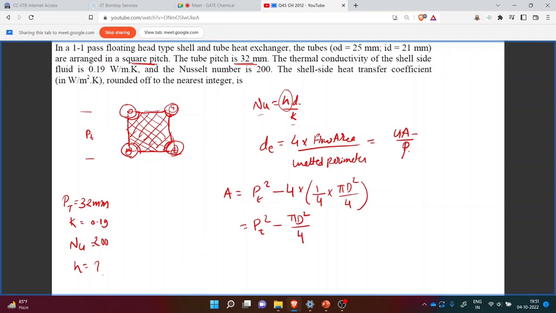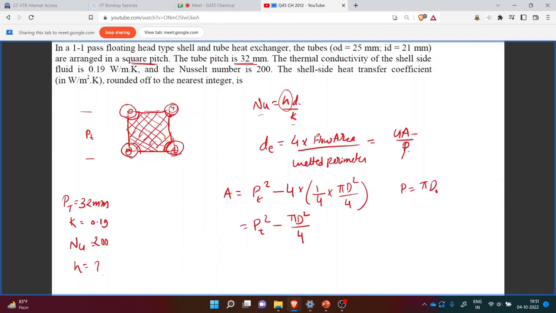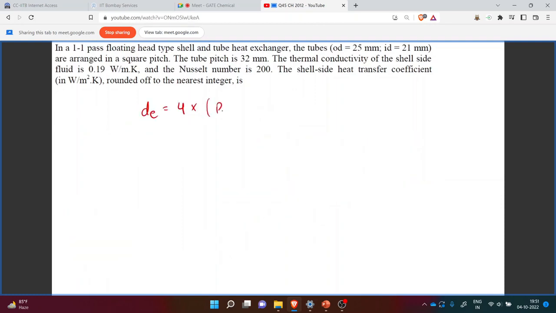Now the perimeter, we know that the perimeter will be 2 pi r, that is pi d naught. Here also that diameter will be the outer diameter. Now we can write this equivalent diameter as D is equal to 4 times the area we calculated, PT square minus pi d square by 4, upon pi d.